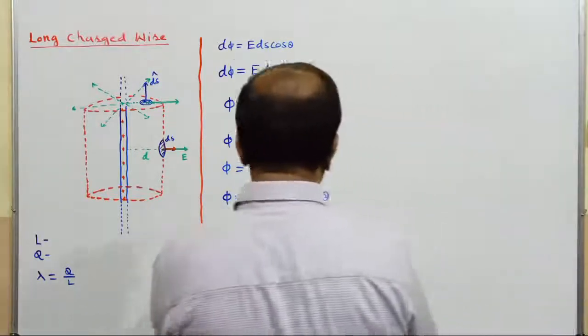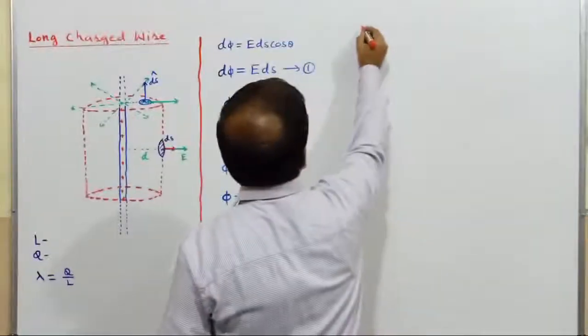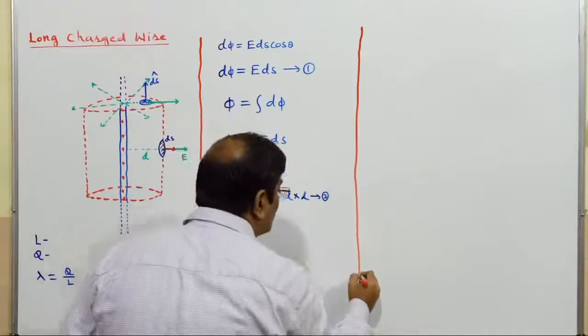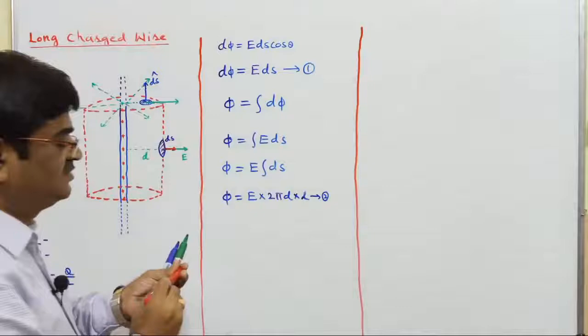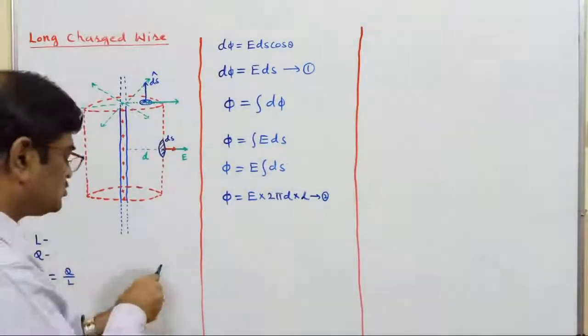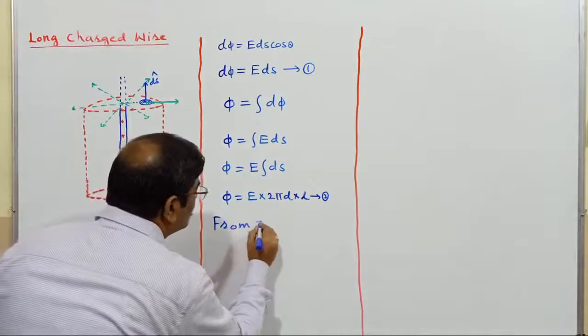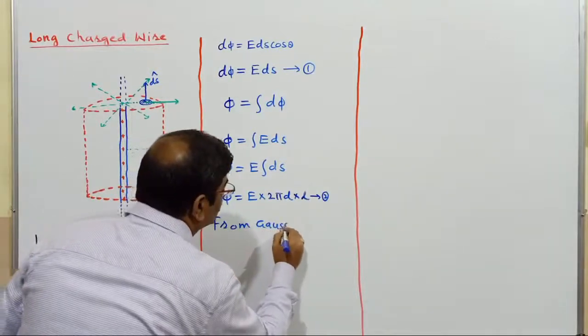And once after doing that, if you remember the next step, recalling the Gauss theorem. Then from Gauss law, what do we know from Gauss law?